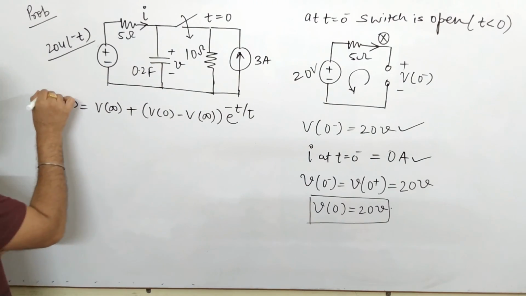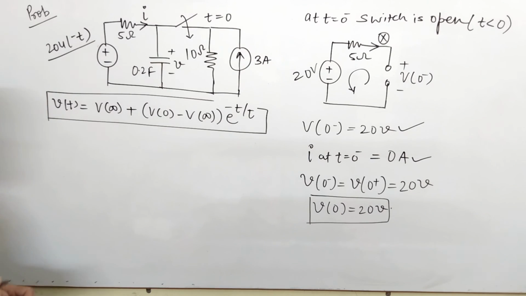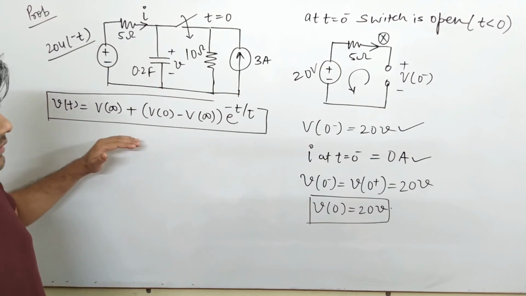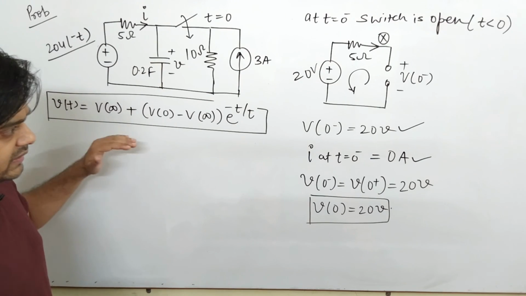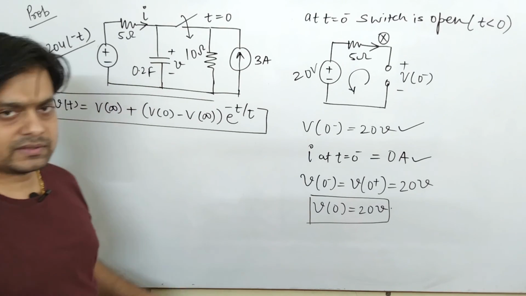You may think that the process is very long. It's not like that. Once you get practice solving the problems, it will become very easy to solve in the fastest way.